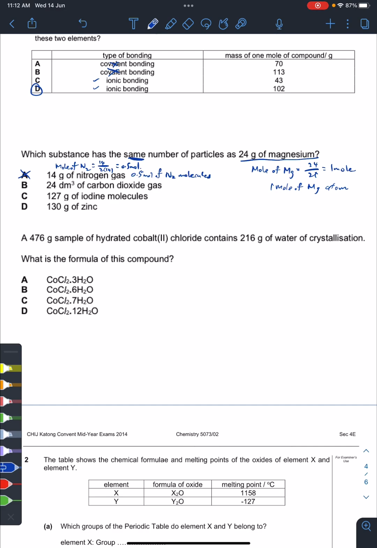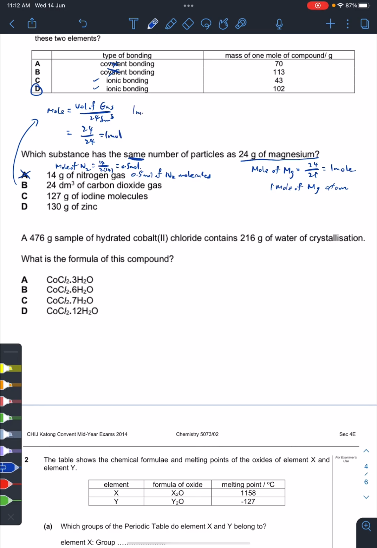B, CO2. So the formula here is mole equals volume of gas over 24 dm³, equals 24 over 24 equals 1 mole.